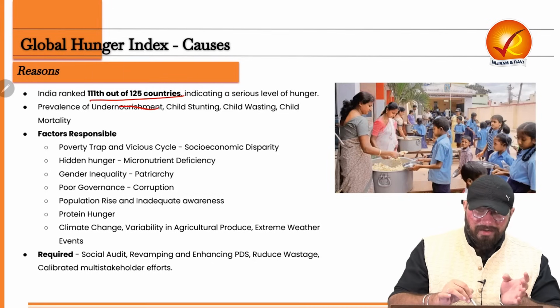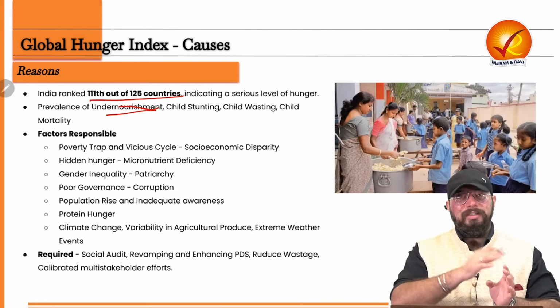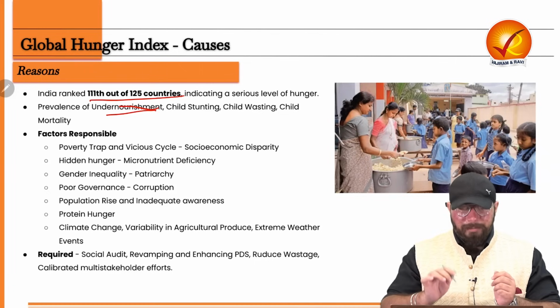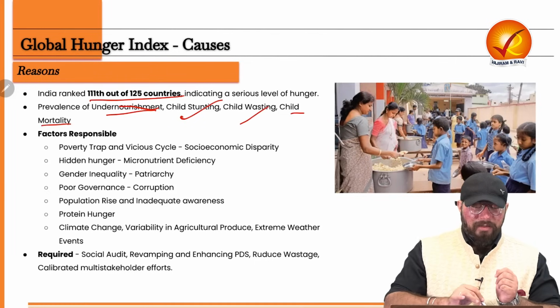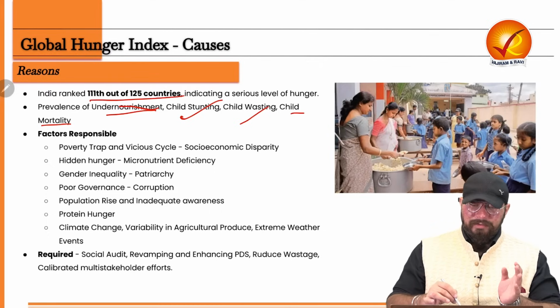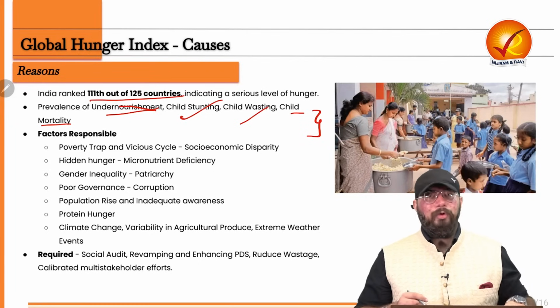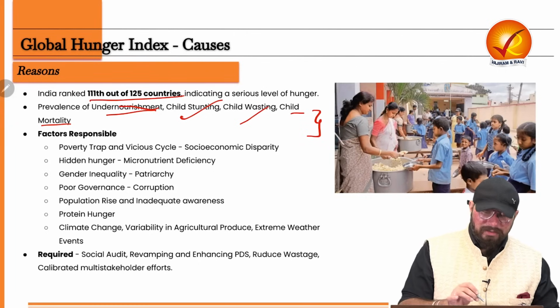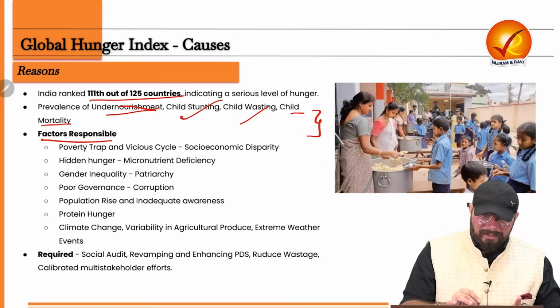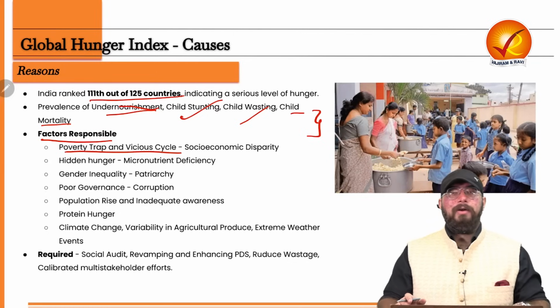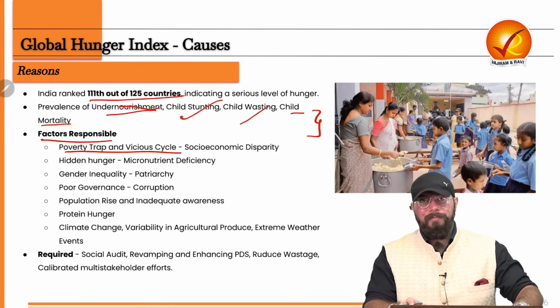One is undernourishment, that nourishment is not proper for the child or the people, then child stunting, child wasting, and child mortality. So essentially we are focusing on these 4 aspects. Now what are the factors responsible? That is the main thing for us to understand. First factor is of course the poverty trap and vicious cycle of poverty.